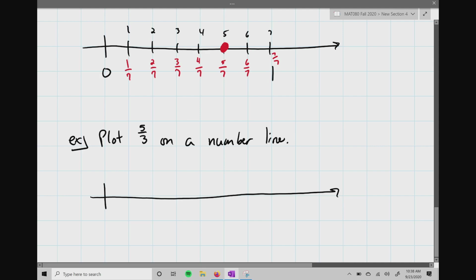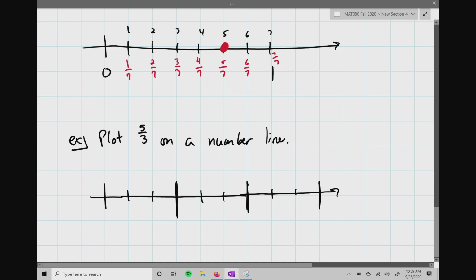And what I mean by that is this. Look at the denominator, it's 3. So 1, 2, 3, 1, 2, and you know what? Let me exaggerate this so you know what I'm talking about. 1, 2, 3, 1, 2, 3, 1, 2, 3. Do you see what I'm doing there?